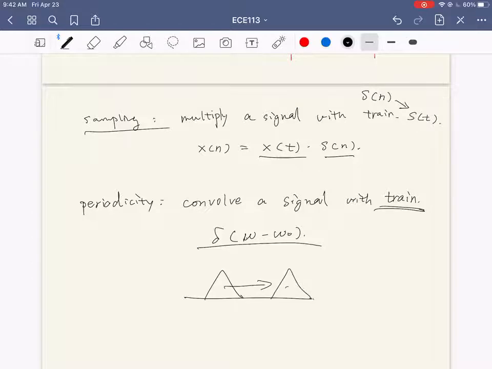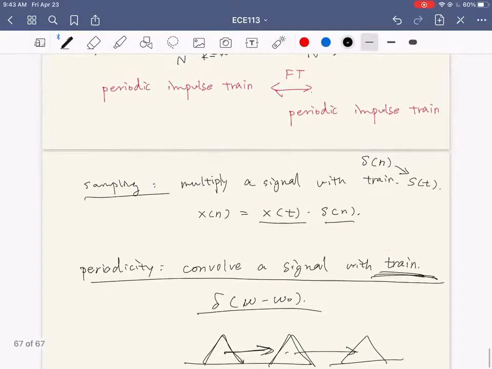And when you convolve a signal with an impulse train, your original spectrum, or original time signal, no matter what domain you are in, will shift to a new place periodically.